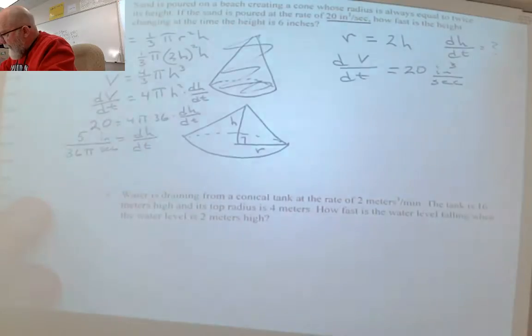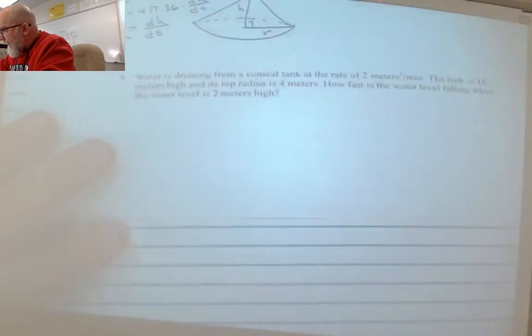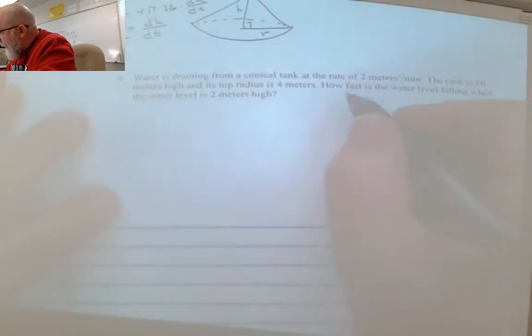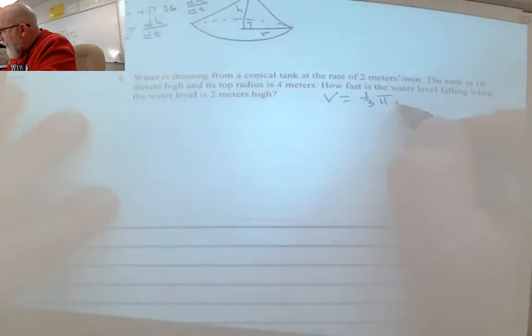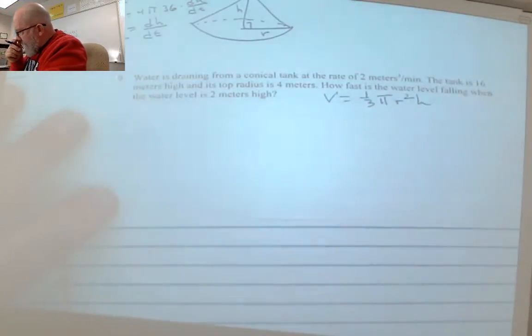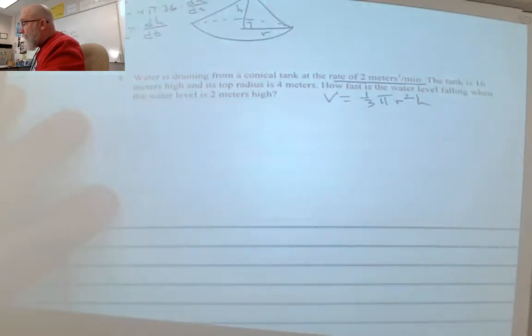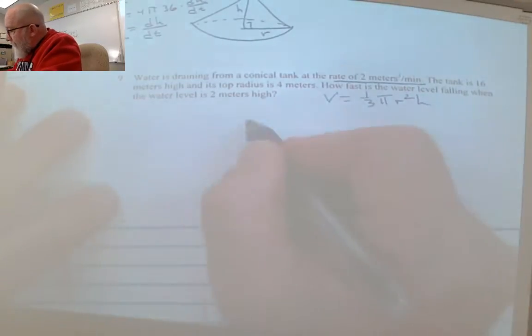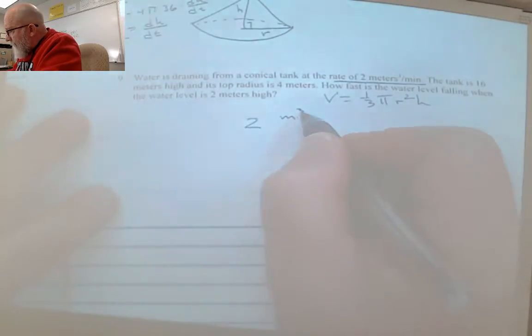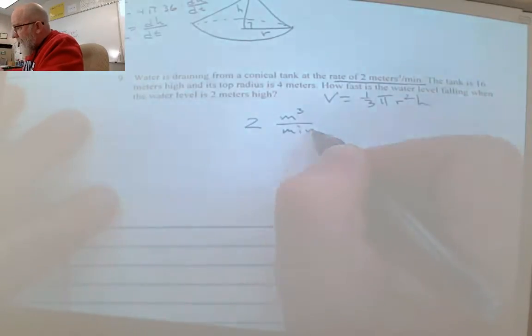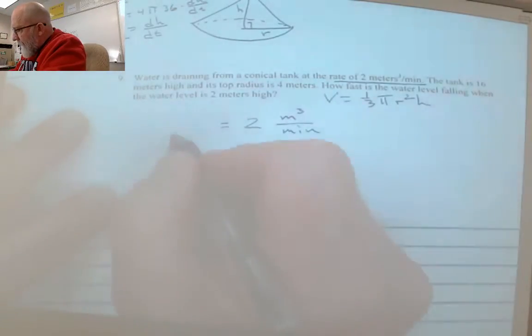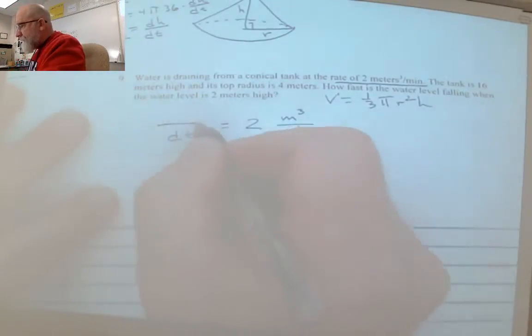The next one says, water is draining from a conical tank. So it's a cone again. So the volume is 1/3 pi r squared h. I should have had that in there. Okay? And it's draining at a rate of 2 meters cubed per minute. So I got 2 meters cubed per minute equals d something dt down here, right?